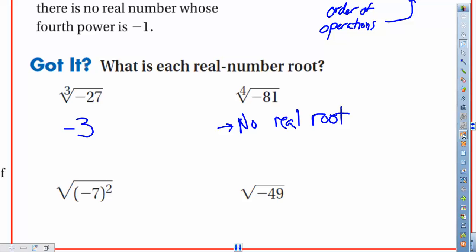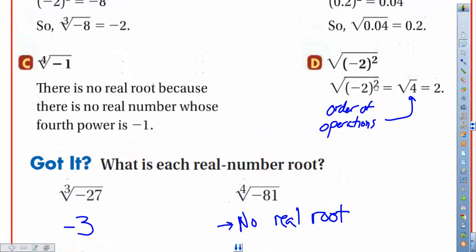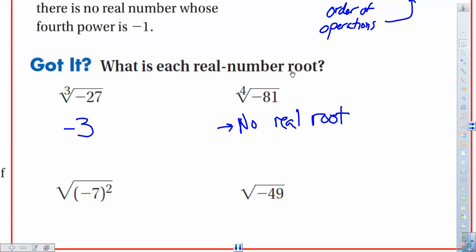How about this one down here in the bottom left, the square root of negative 7 squared? Did we learn our lesson from example D? Order of operations. Don't we have to square that first before we take that root? If we square that negative 7, we end up with the square root of 49, and the square root of 49 gives us a positive 7.